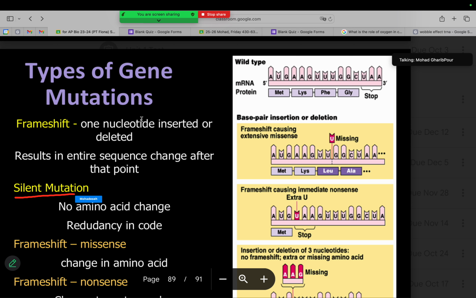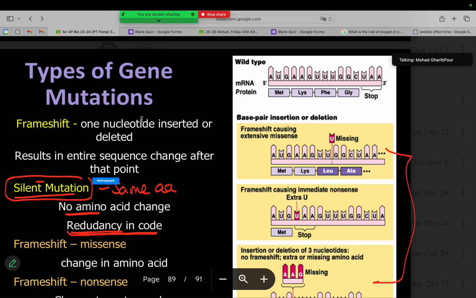Silent mutations. There's no amino acid change. Why? Because there's that redundancy we talked about. So it's not included in one of these diagrams, but if you change that third nucleotide in a codon and it still codes for the same amino acid, it is a silent mutation.